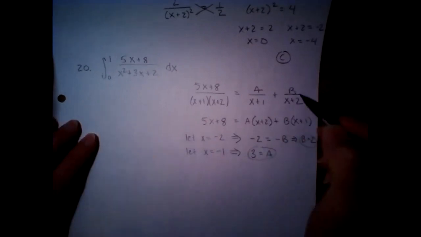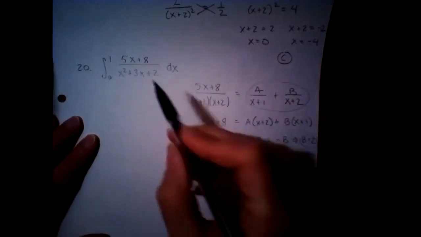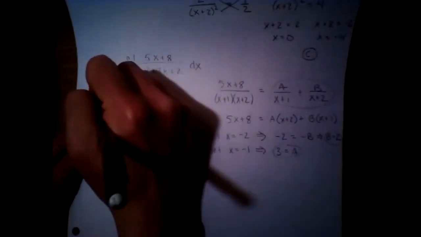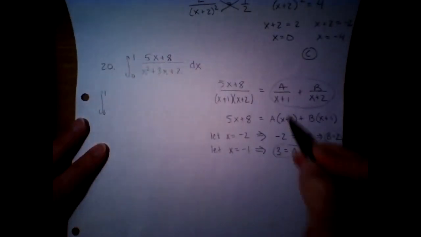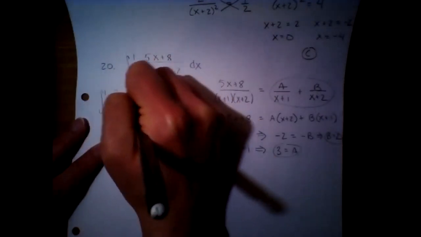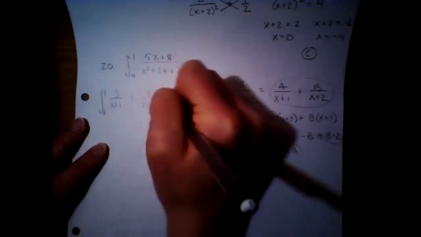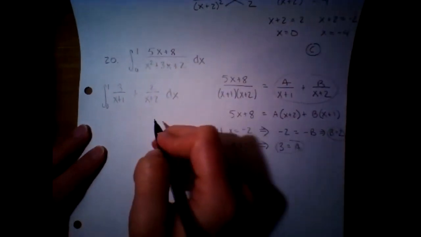So I'm going to put b is 2 and a is 3 back into this and just put it back into the integral. So we'll have integral from 0 to 1 of 3 over x plus 1 plus 2 over x plus 2 dx. And so both of those are going to end up being ln.